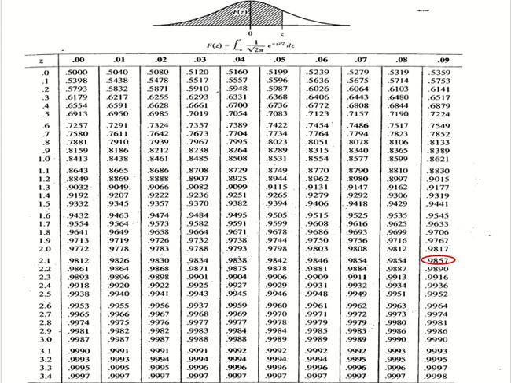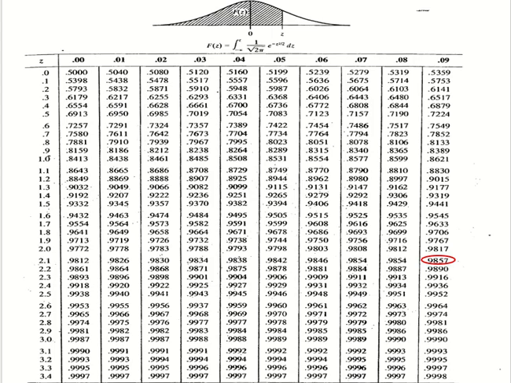If my z value is 1.95, how do I read the table? 1.9 from here and 0.05 from the top. And these are the percentages. The values in the table are the cumulative percentages.